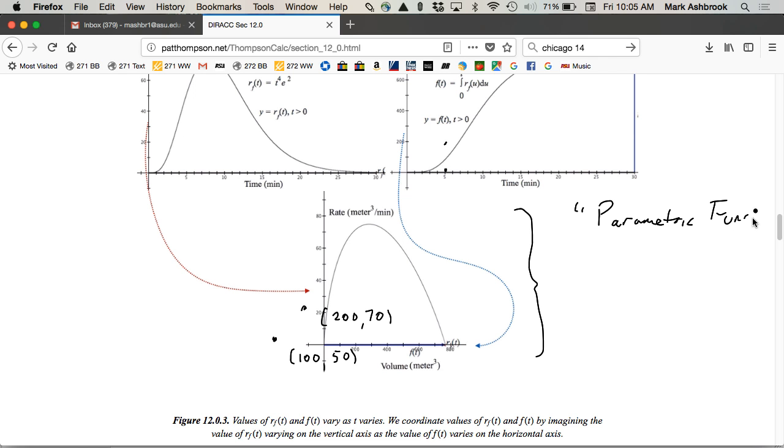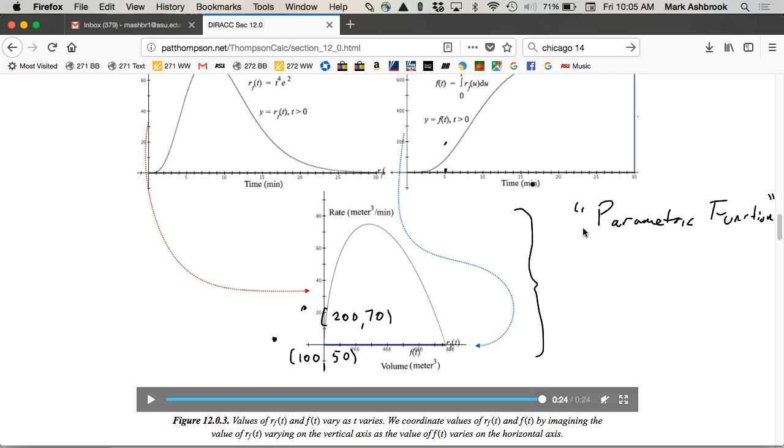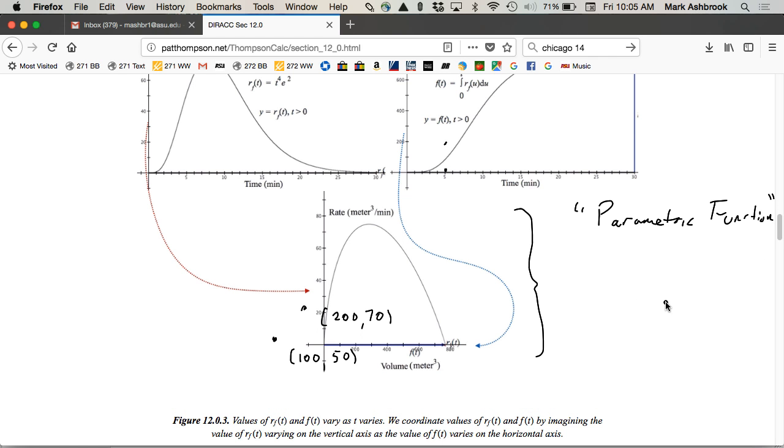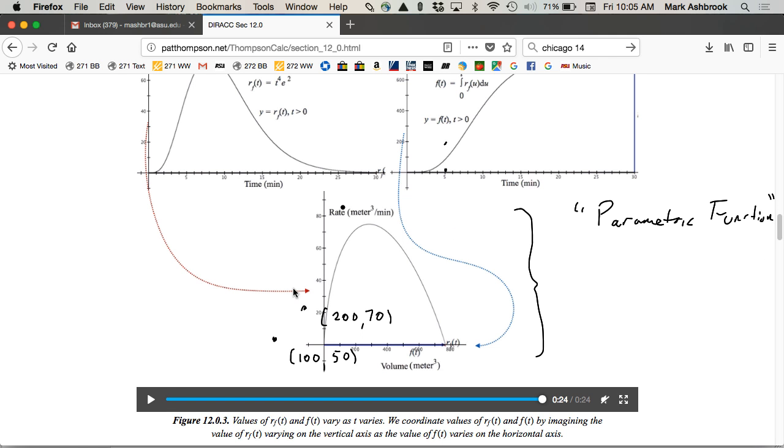And that's what we're going to be working on the next week or so, parametric functions. So parametric functions are functions that are based on a parameter which is kind of a behind-the-scenes variable. Okay? So the parameter in this case, what's the parameter that's behind the scenes generating these ordered pairs?